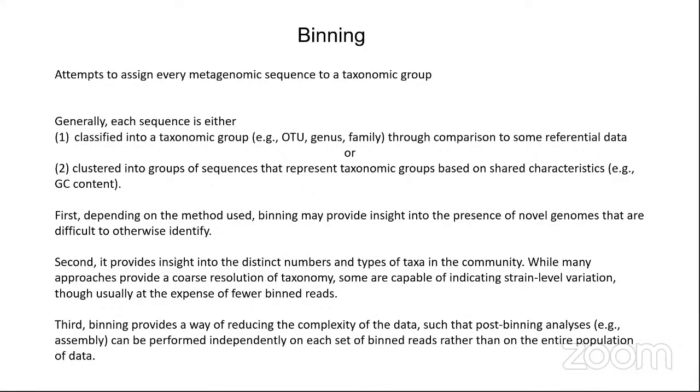Second, it provides insight into the number of distinct types of taxa in the community. While many approaches provide coarse resolution of taxonomy, some are capable of indicating strain level variations, though usually at the expense of fewer binned reads. Third, binning reduces the complexity of the data, so post-binning analysis can be performed independently on a set of binned reads rather than the entire population of data.